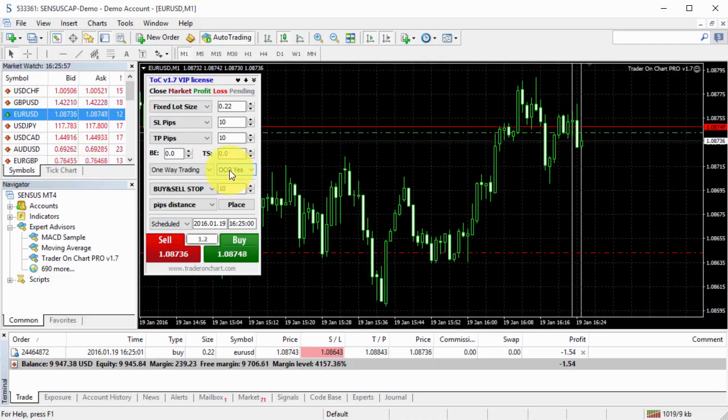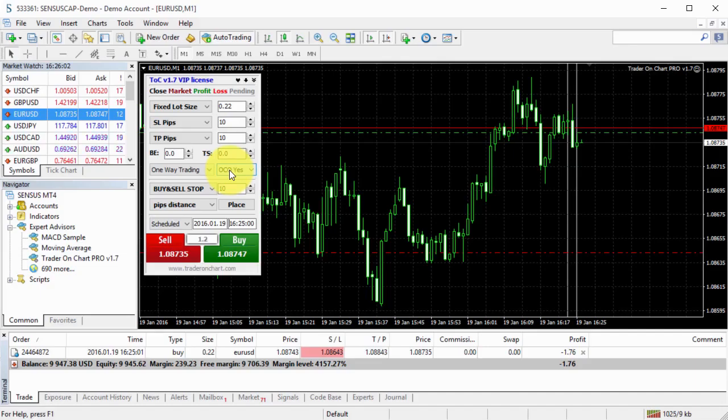So for example, I have a buy stop and a sell stop pending order. If my sell stop gets triggered, then the very next moment the buy stop will be cancelled, or in reverse. If my buy stop is executed, then my sell stop will be cancelled. So this works very well with news trading as well.